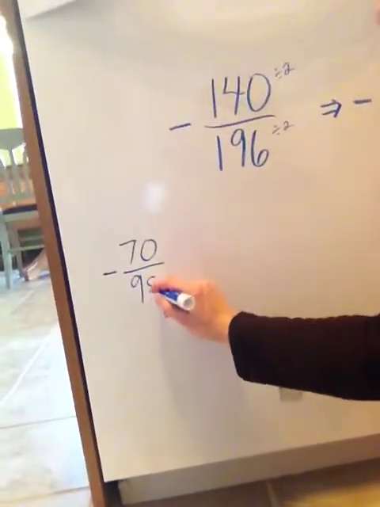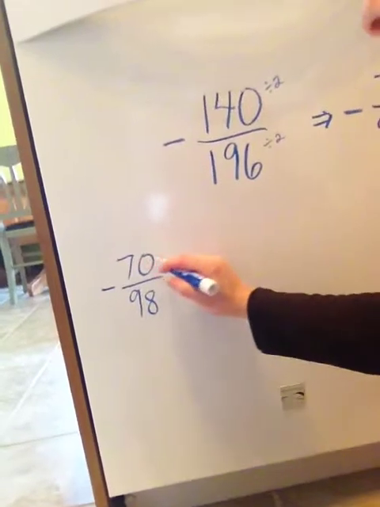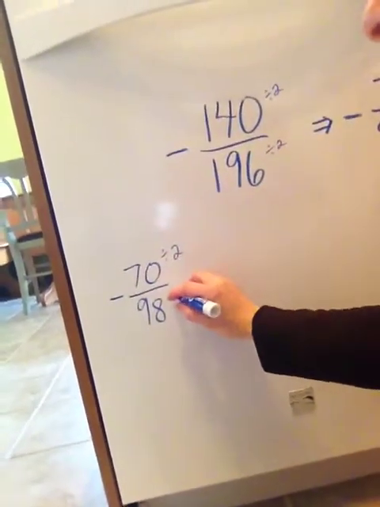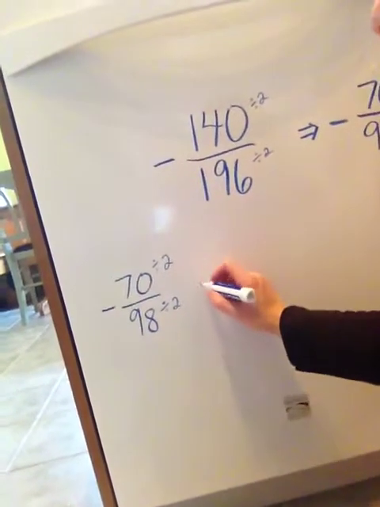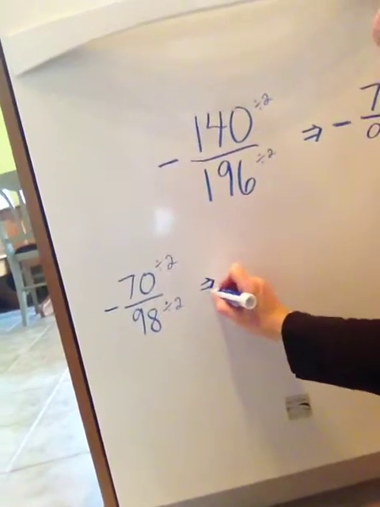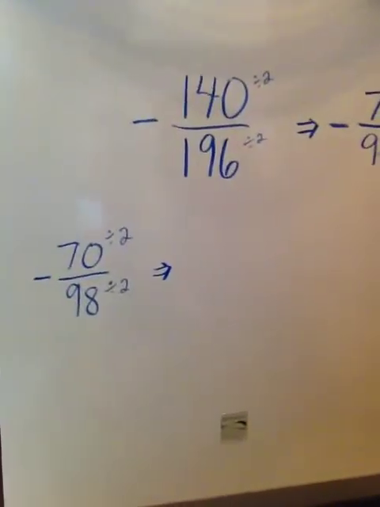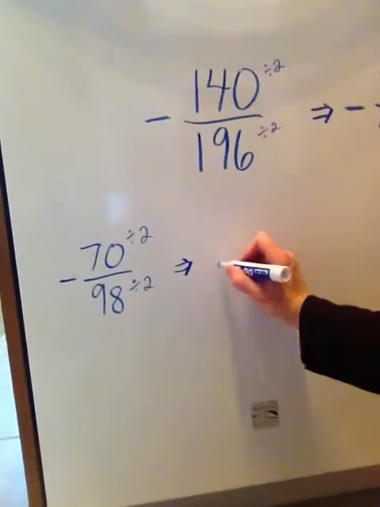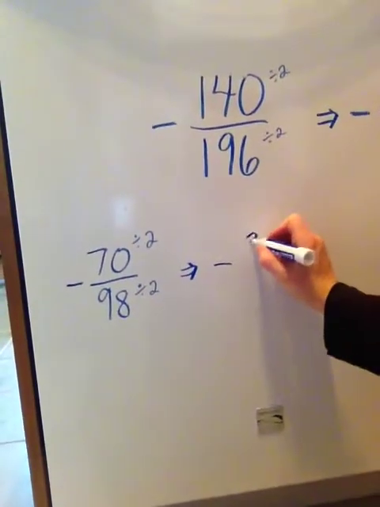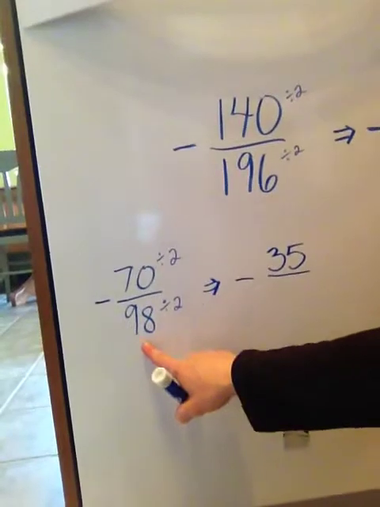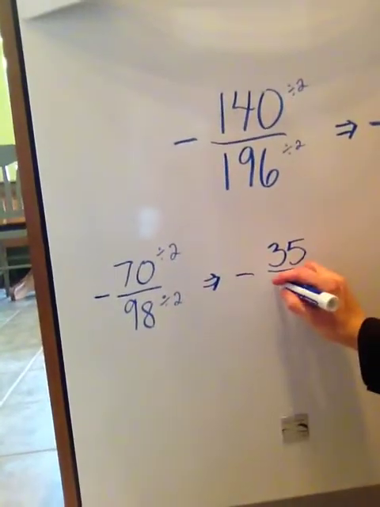But again, if you notice a larger number in the beginning, then divide that out. So I'm going to divide my numerator by 2 and my denominator by 2. Whatever you do to the top, you have to do to the bottom. So 70 divided by 2 is going to be, oh, I'm going to write my negative so I don't forget about it, 35. 98 divided by 2 is going to be 49.